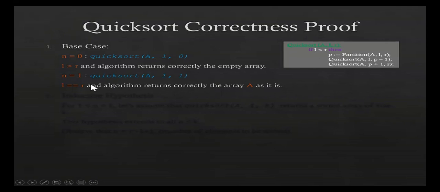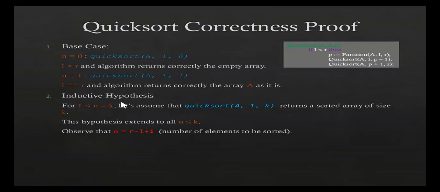But here L equals R, which means the array contains a single element. If an array contains a single element, we don't need to perform any sorting technique, and we say that the array is already sorted. Now the inductive step.